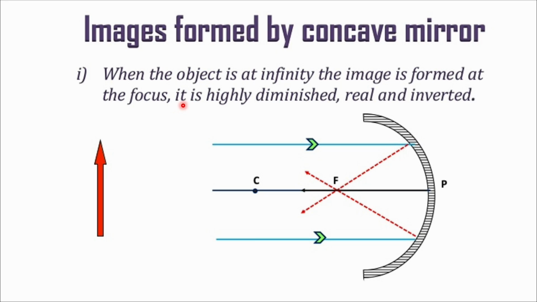It is highly diminished, real and inverted. Suppose you place the object at infinity, the image is formed at F and it is highly diminished. Highly diminished means very very small in size, real and inverted.